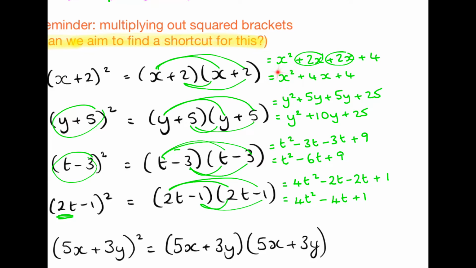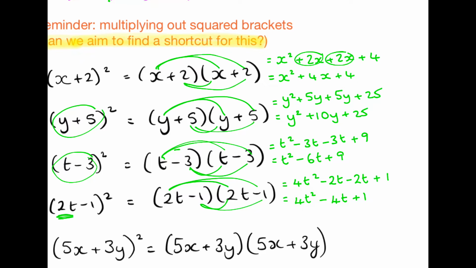So our first term when we multiplied that out came from the first two things in the brackets multiplied together. And because the two brackets are the same, it means this multiplied by itself. So that gives you x squared. Okay, here the first thing we got was this times itself, so that's y squared. Here, t squared. Here, 4t squared.